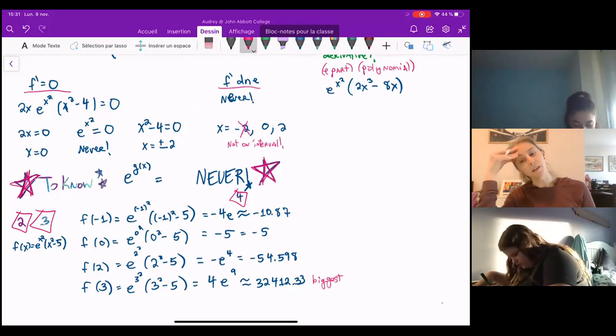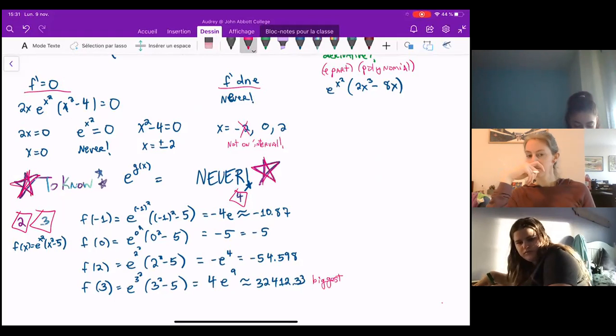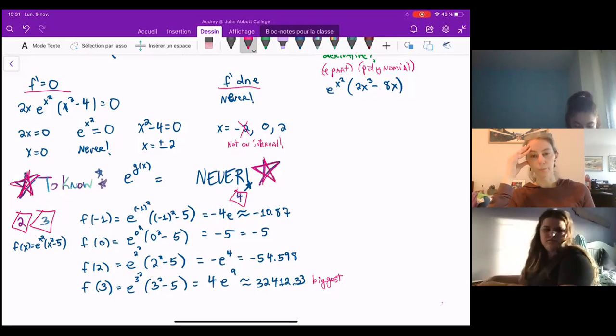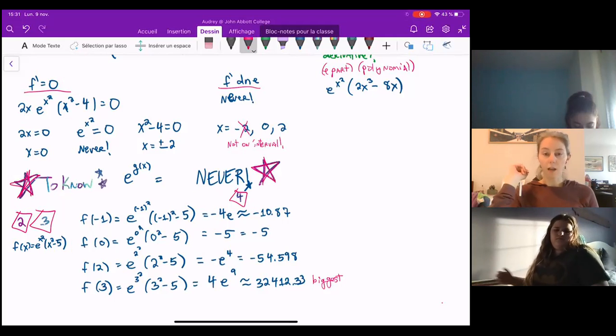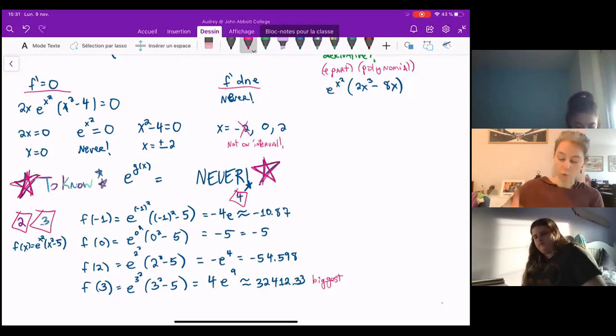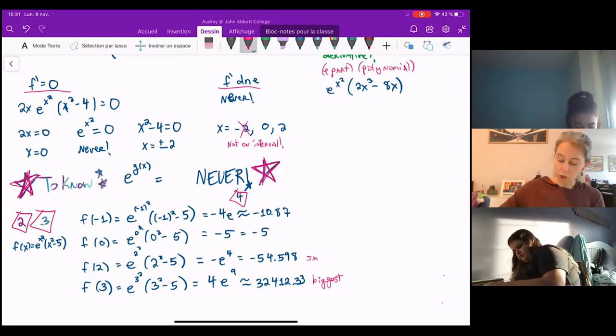Which one's the smallest? f of -1, 0, or 2? You got it, Dean. -e to the 4th, good job, Mikhail, the third one. This is the smallest.